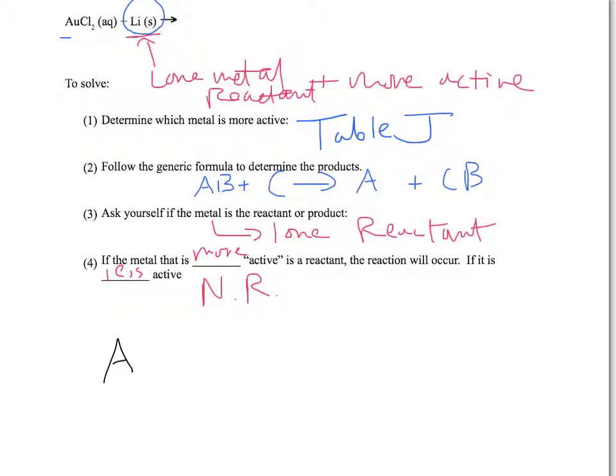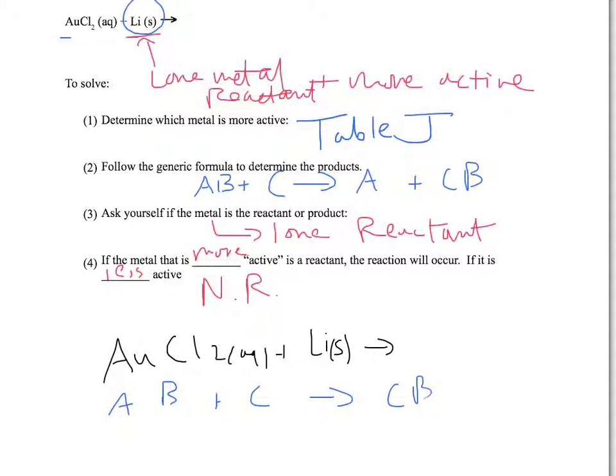So AuCl2 aqueous plus Li solid is going to yield, and remember our generic formula, which is going to be AB plus C yields CB plus A, or AB plus, it doesn't matter which way you write it, A plus CB.